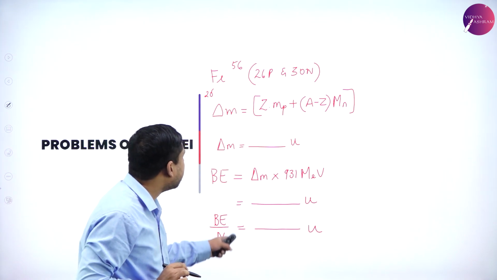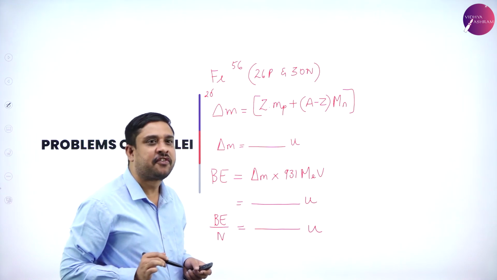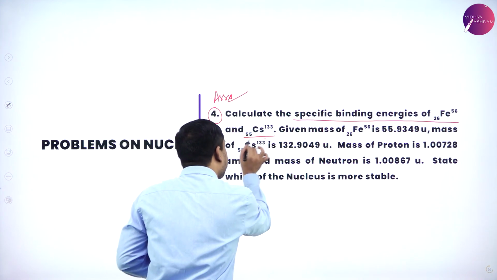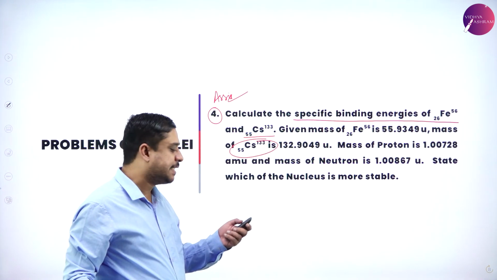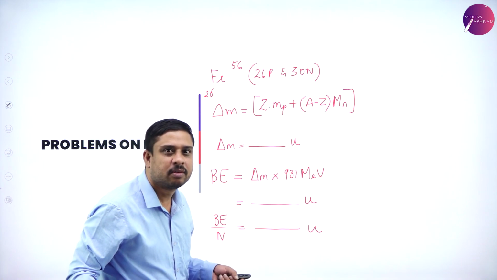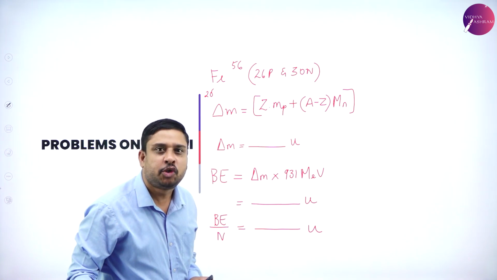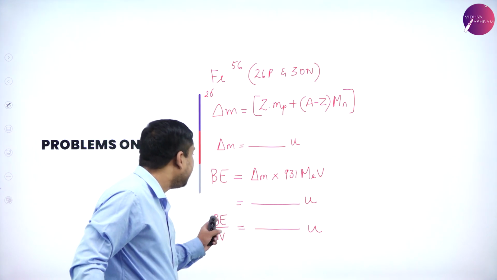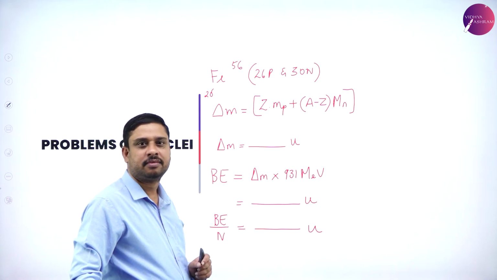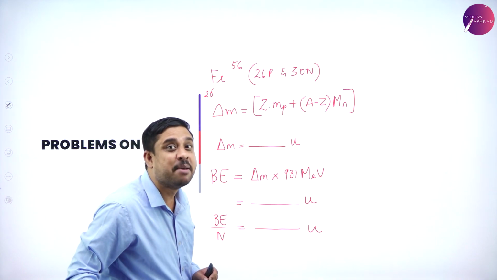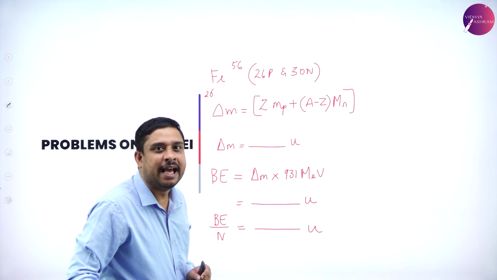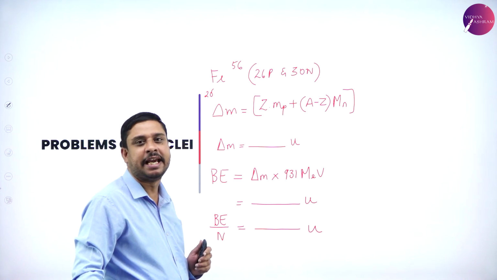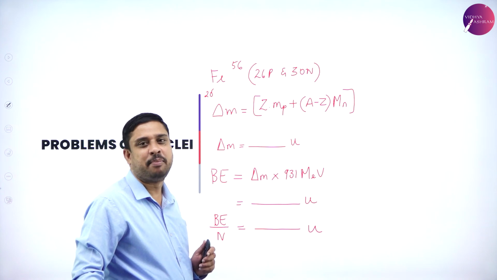So this will be for ferrous 56, 26. Similarly, repeat all steps for cesium 133. Same, calculate its mass defect, binding energy per nucleon, and see which is more stable. The element which has more specific binding energy will be more stable.